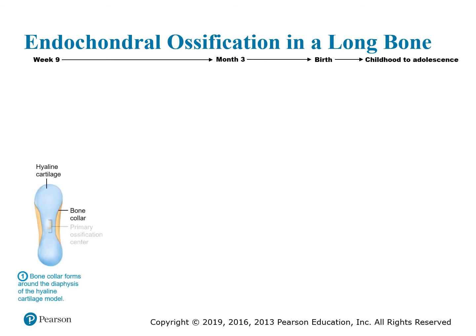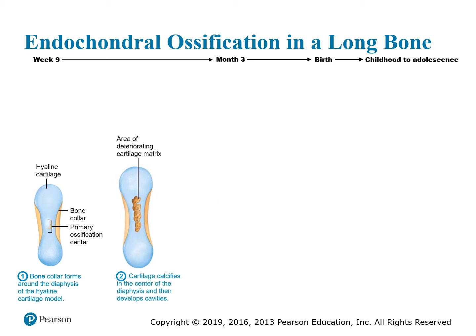In the first step, a bone collar forms around the diaphysis of the hyaline cartilage model. If you look at this little picture, the hyaline cartilage is in blue, and you see in tan around it a bone collar forming, and in the bracket there's a primary ossification center where you're going to see the formation of bone tissue.